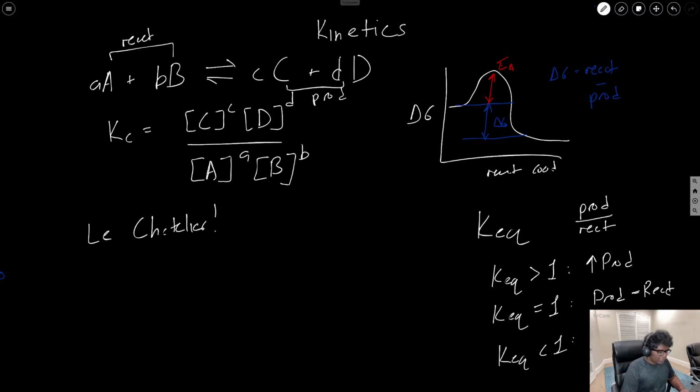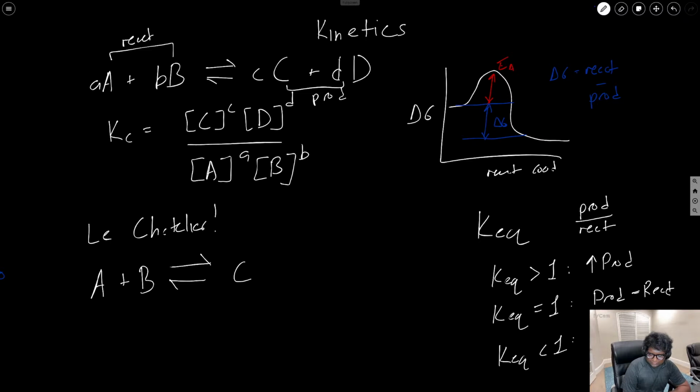Now, with that said, let's move on to Le Chatelier's principle. I love Le Chatelier's principle, man. It's such an easy thing to memorize, and it's so easy to think about in concept. Do you like Le Chatelier's principle too? Yeah, let's go. A plus B equals whatever product.